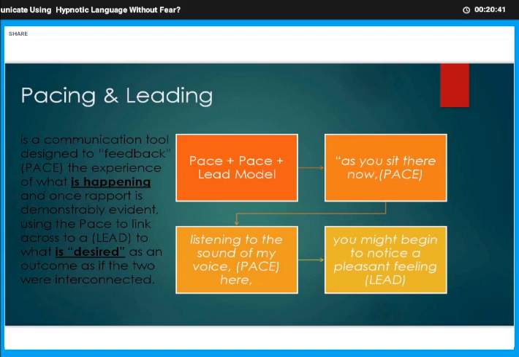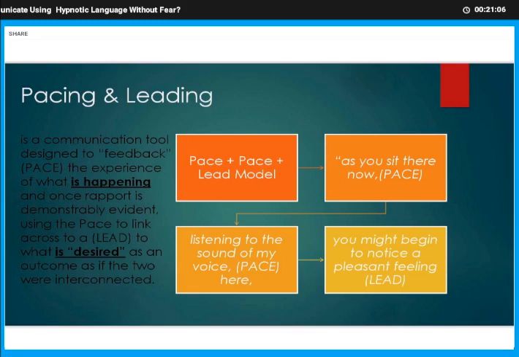I'm saying that you are listening to the sound of my voice, and I know that because I'm speaking. And then I'm saying "here," meaning that this is happening in this geographical location. So I've got where you're sitting, what you're doing, and where you are. Those are all things that are hard for the mind to argue with, so it automatically accepts them, and then you link across to a lead as if they're related.